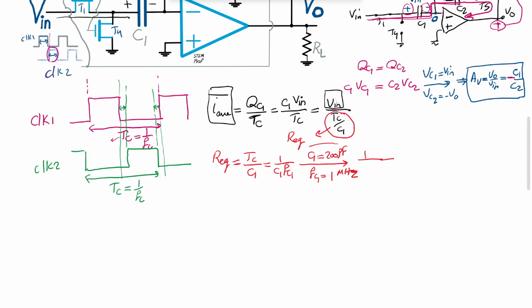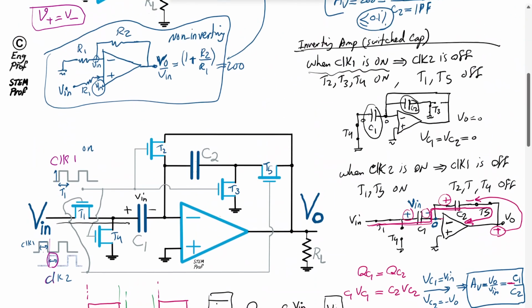So correction, 200 picofarad is 2 times 10 to the power negative 10, and 1 megahertz is 10 to the power plus 6. So we end up with effectively 10 to the power 4 divided by 2, which means 5 kilo ohm. So interesting. Effective R equivalent number 1 is 5 kilo ohm that is realized in this circuit.